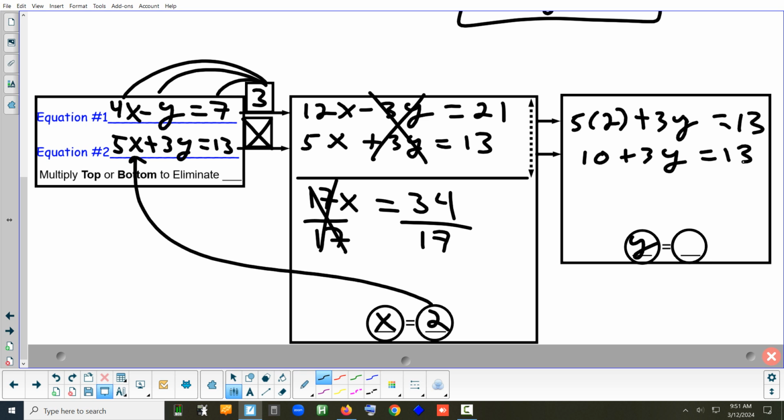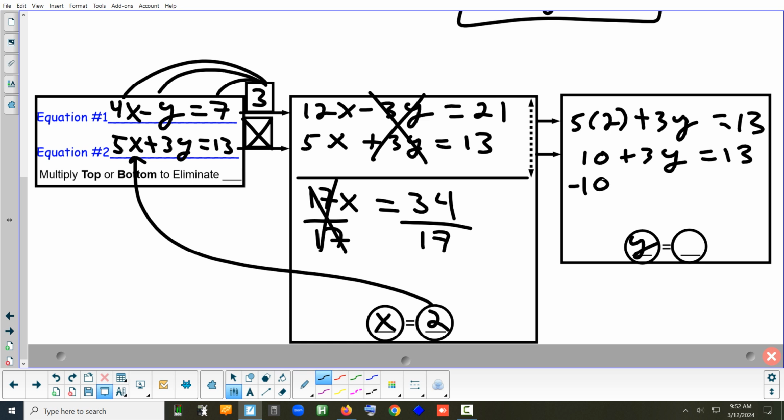Lily, what's my next step? You subtract 10. Would you subtract 10? Yeah, you're going to subtract 10 on both sides.